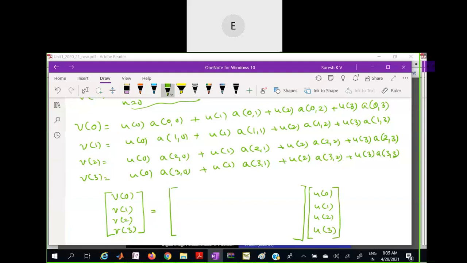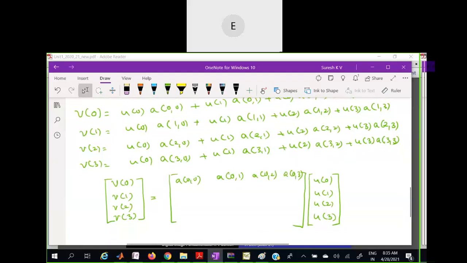Okay, so this will be a of 0 comma 0, and this will be a of 0 comma 1, this is a of 0 comma 2, this is a of 0 comma 3. Then this will be 1 0, 1 1, 1 2, 1 3, and so on and so forth. This is a of 2 0, 2 1, 2 2, 2 3.